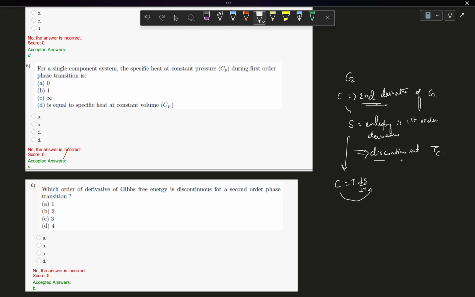Because if some quantity is discontinuous at some point, then if you take another derivative of that, that will give you infinity at that point. So by that your answer is infinity. So the answer is infinity: for a single component system, the specific heat at constant pressure, or Cp, during a first order phase transition will be infinity.